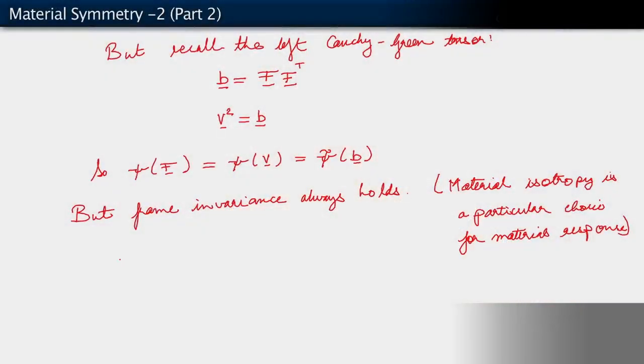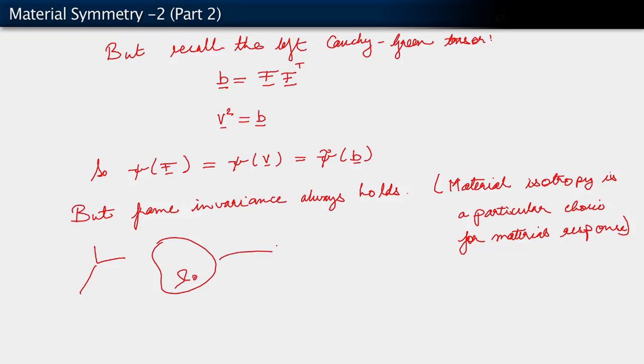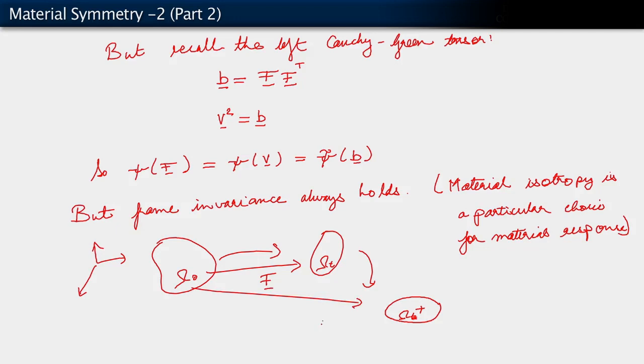So what does frame invariance say? Remember what frame invariance was. It was this picture: Omega naught going to omega t, being subject to a rigid body motion. This is frame invariance. This was F. That was F plus.